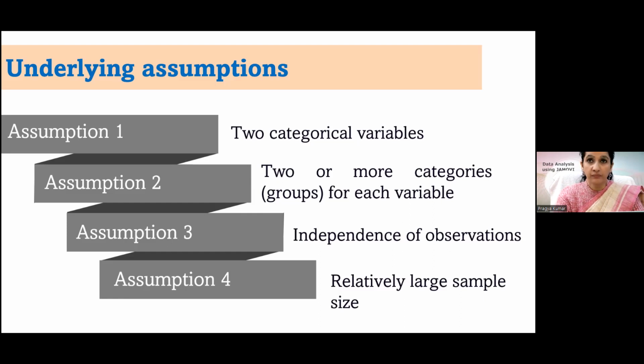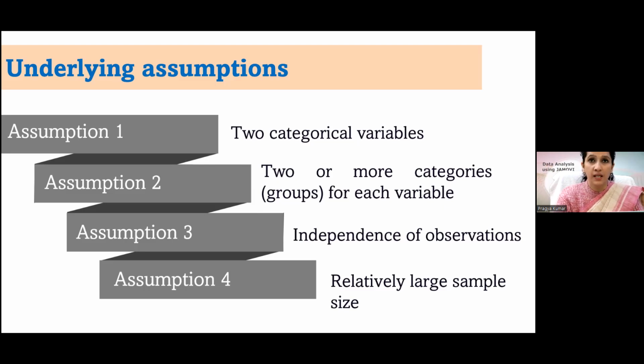There is no definite number for a large sample size, but we can say at least more than 40 or more than 50. Because for Yates correction, we say that if the sample size is less than 40, and then you see the individual cells about the expected and observed frequency, in that case you may need to go for those corrections. So a relatively large sample size is required. That's why we emphasize the calculation of an adequate sample size.